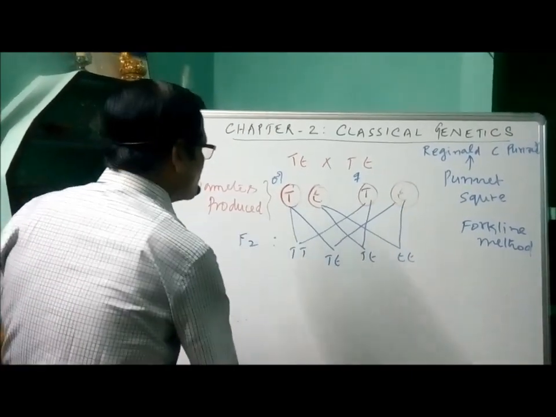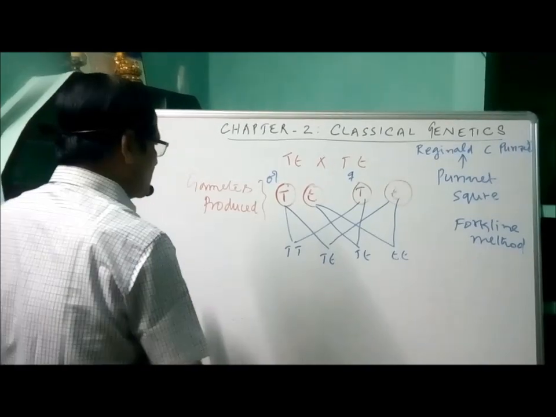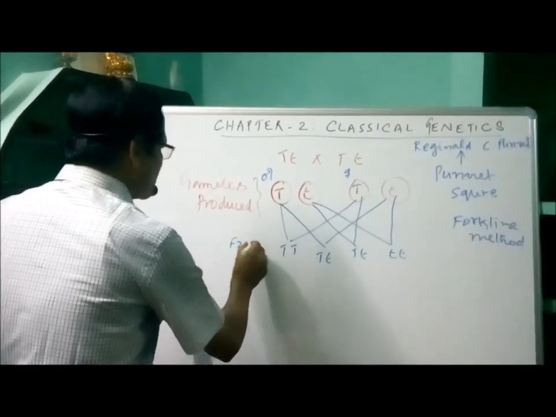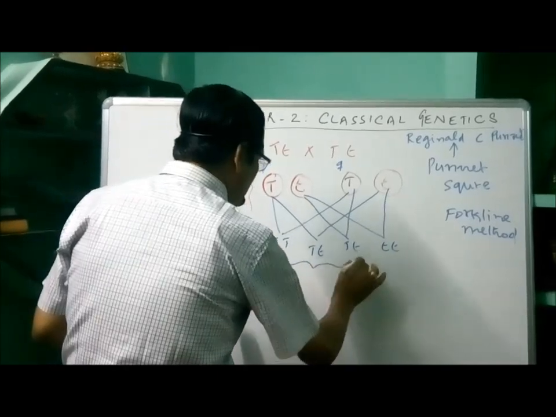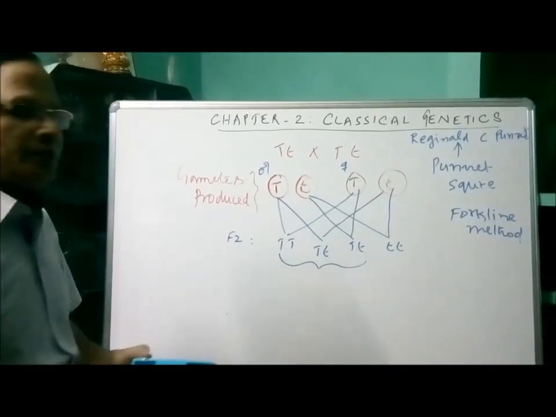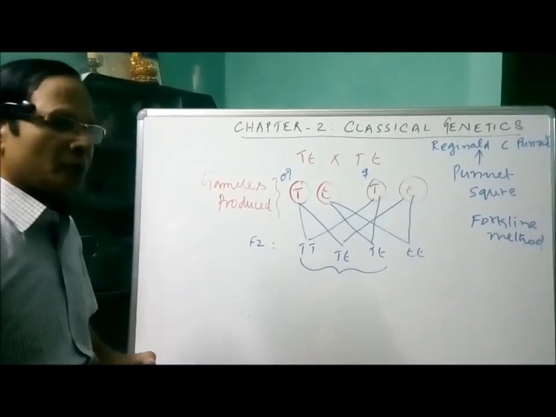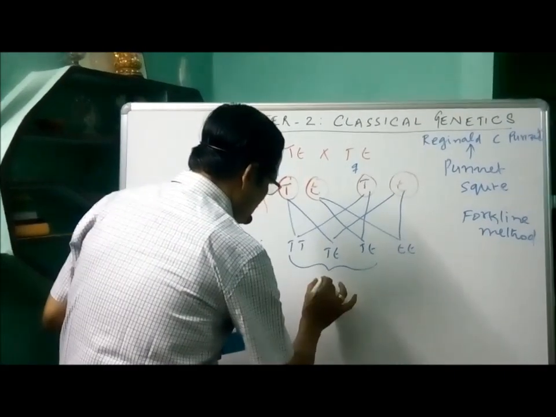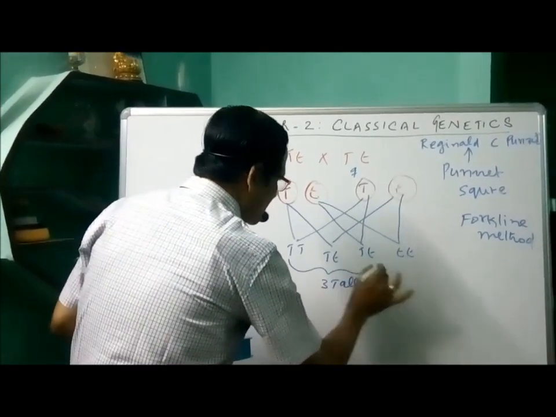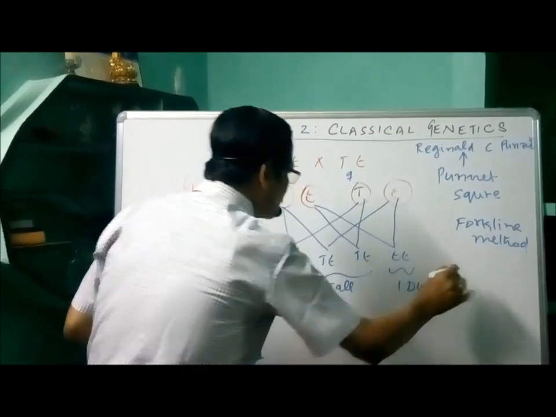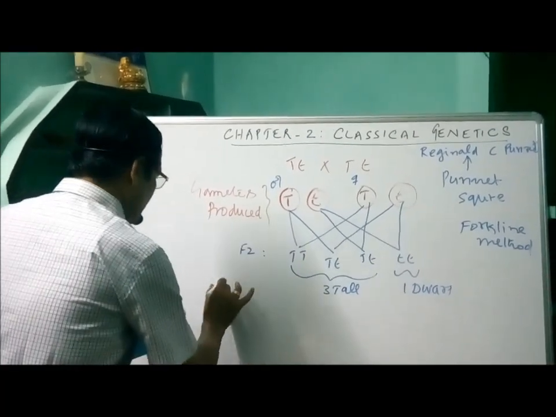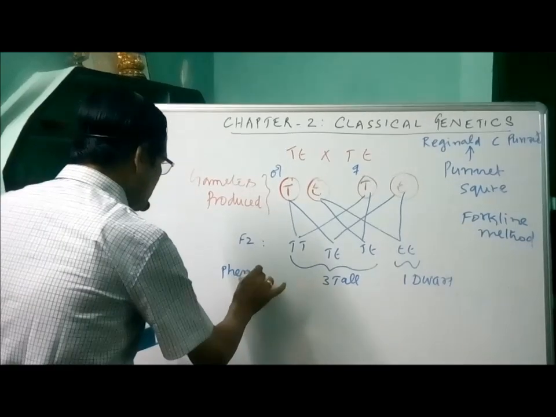This is what is known as the four-line method. In the four-line method, at the end of F2, the results obtained were 3 tall and 1 dwarf. 3 tall, 1 dwarf. This is the phenotype.